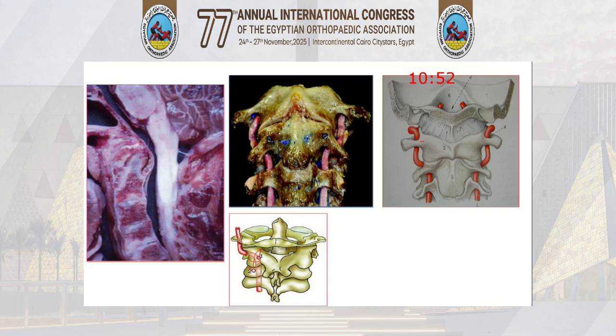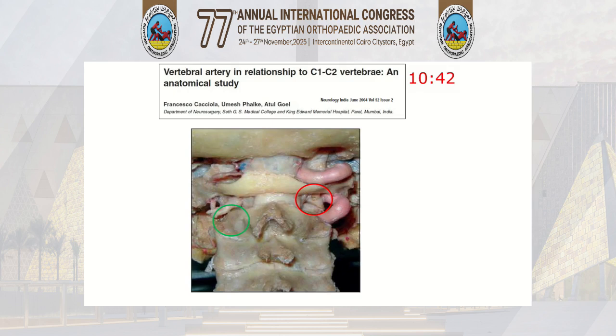I consider myself lucky that I had only 3 injuries of the vertebral arteries. You have to be very careful, and I'll show you this picture. When you try to get your screw in C1, this is the vertebral artery on the lateral side, and then you have the C2 root.